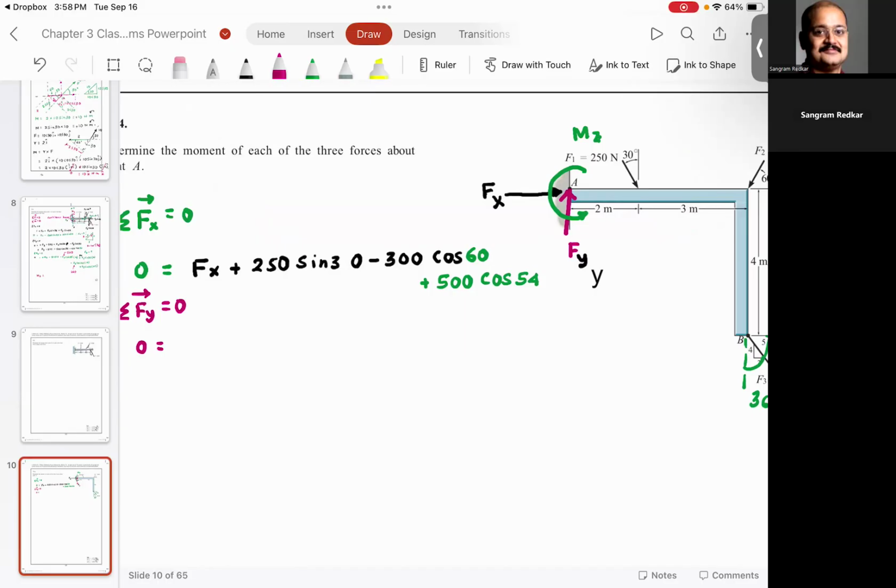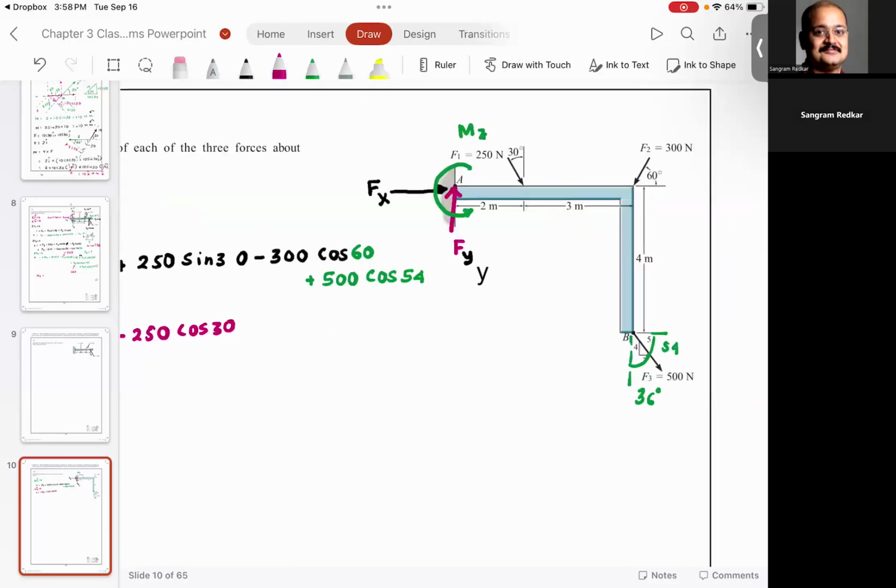F of y? Is it positive or negative? Then what is the next force you see? 250 Newton, minus 250 cosine 30. Then what next force you see?